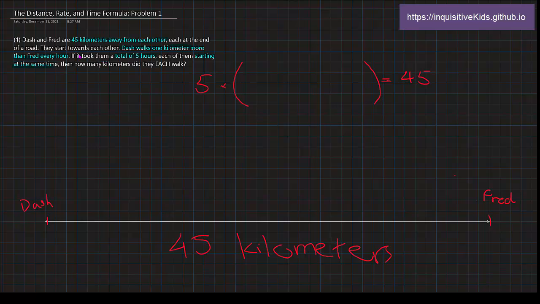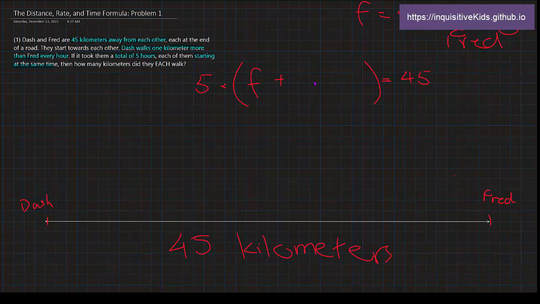So we can set the speed of Fred as f. So f equals the speed of Fred, per hour. So that's going to be f plus, how can we express Dash's speed? Well, it says that Dash is 1 kilometer more than Fred.